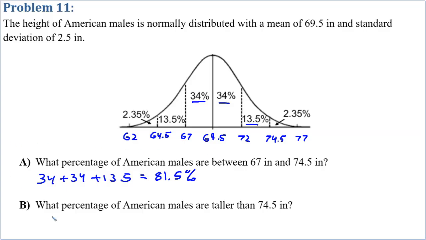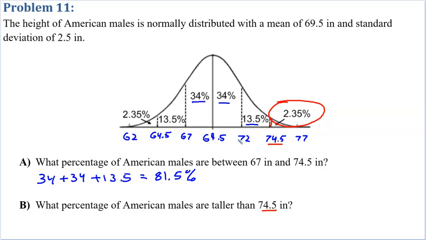Another type of question we can ask is what's above a certain value or what's below. For B, what percentage of American males are taller than 74.5? 74.5 is here, so we want to know everything above this line.